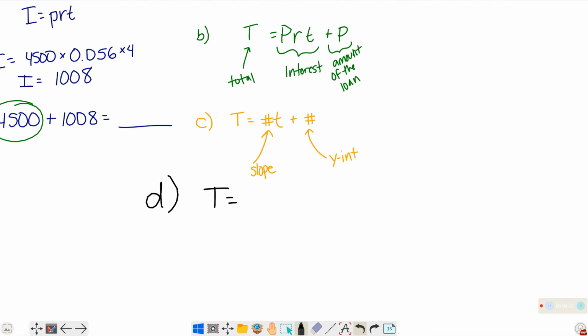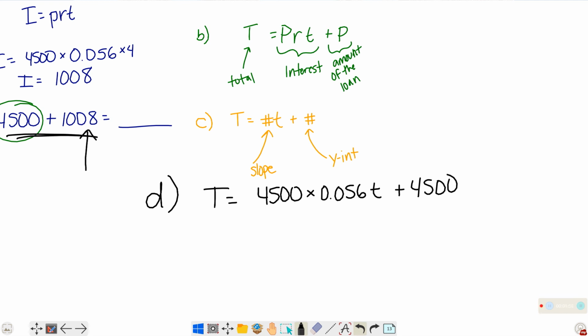So we have 4,500 times 0.056, and then we're going to leave t for time. And then we added the principal at the end again. You can see that step down here, where we added those two pieces together, the interest and the principal. So on your calculator, figure out what this piece is.